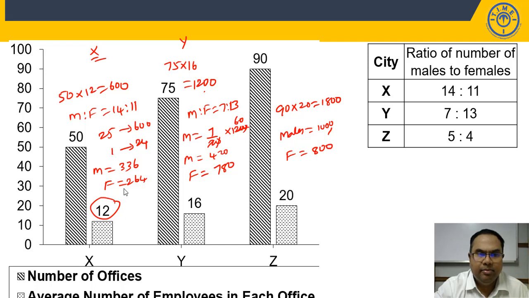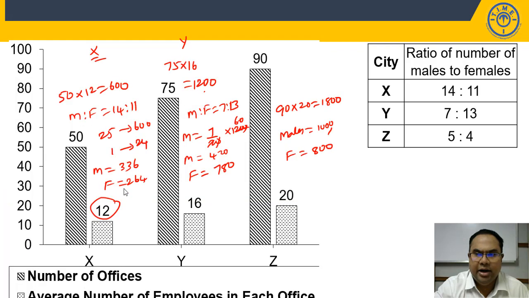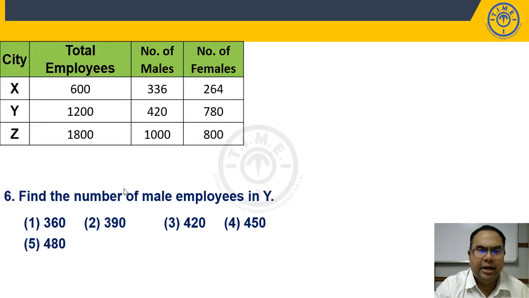First case, males, females 336, 264. Then 1200, 420, 780. Then third one, Z, 1800, 1000 males and 800 females. Right? I am putting all the data here in the form of table. I don't need any bar graph now. Directly I can answer. Number of male employees in Y. Males in Y 420. Option 3.